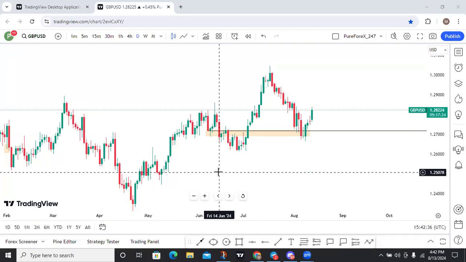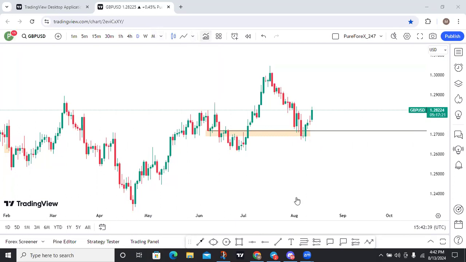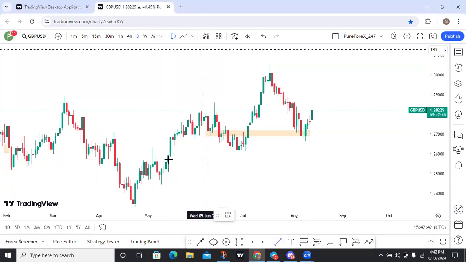It's actually like a Quasimodo continuation, because a Quasimodo continuation, like we said, comes when a reversal in the market has already occurred. If you look at this market, the market actually was in a downtrend before it changed from this downtrend to an uptrend.